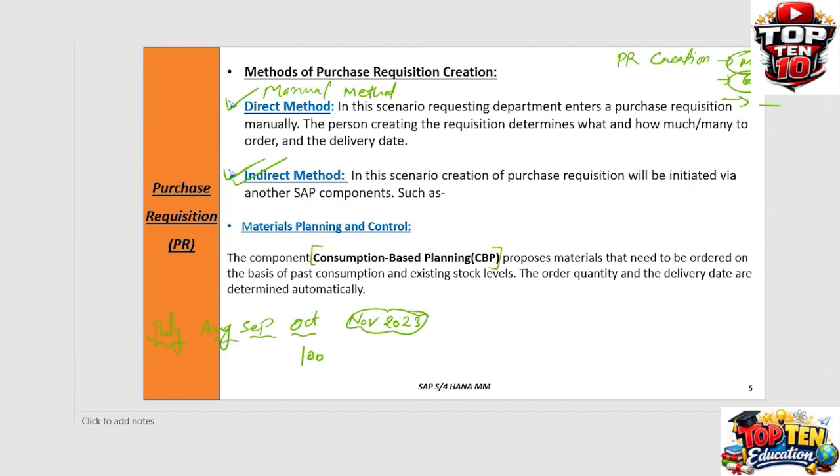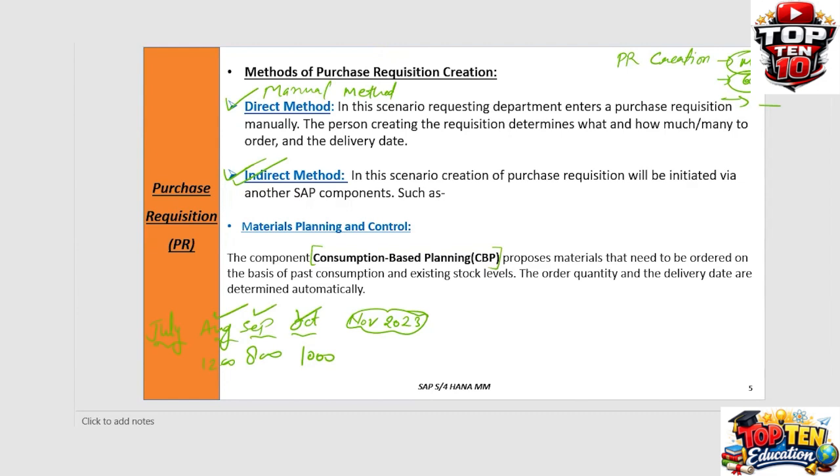In October, we consumed 1000 items. In September, 800. In August, 1200. Like this, on average, 1000 quantities of raw materials we consumed in the past 3 months.